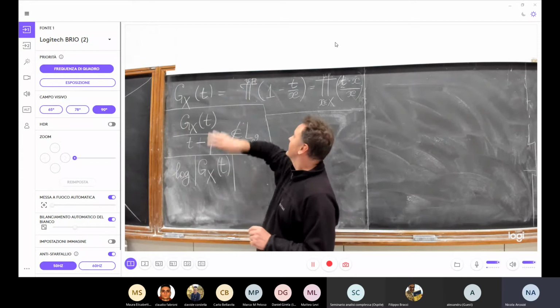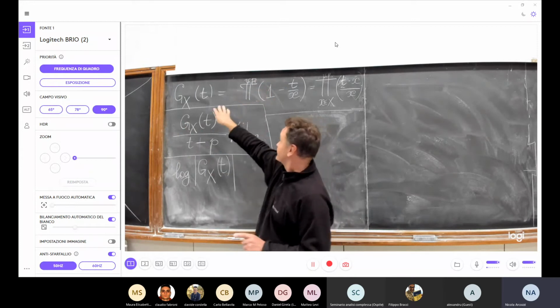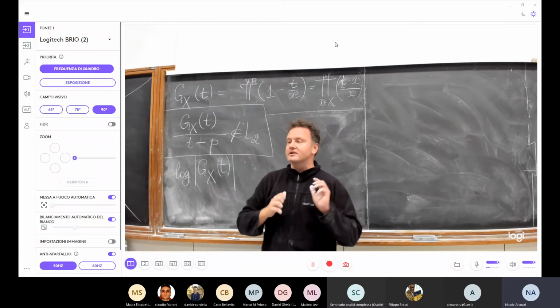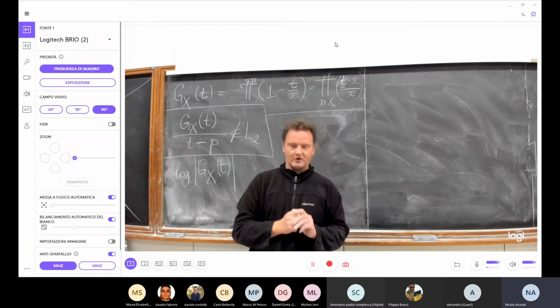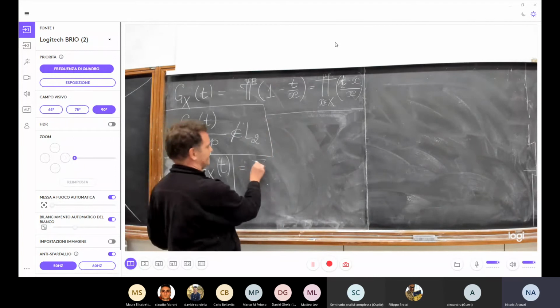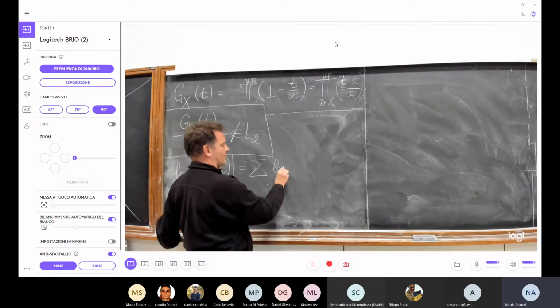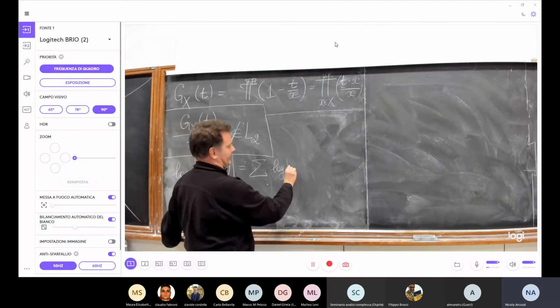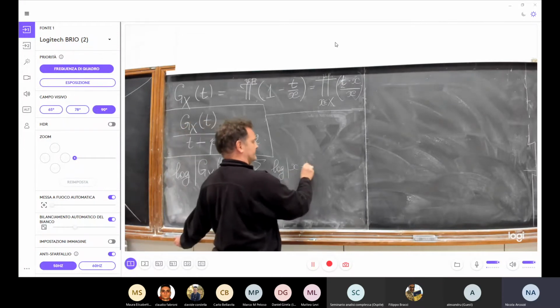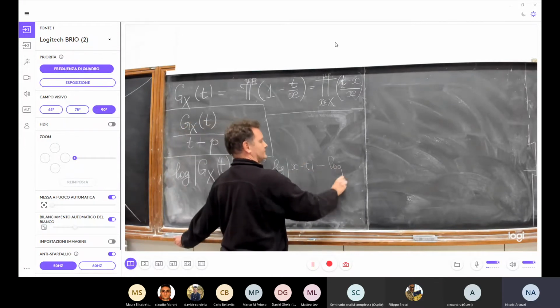So in this notation, the modulus and the argument for complex vectors of T. But for me, it is only important to consider the modulus. So this is the sum over x of log of x minus t minus log of x.